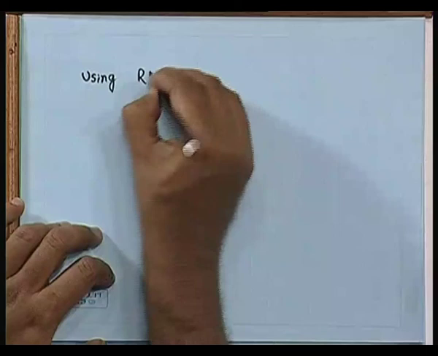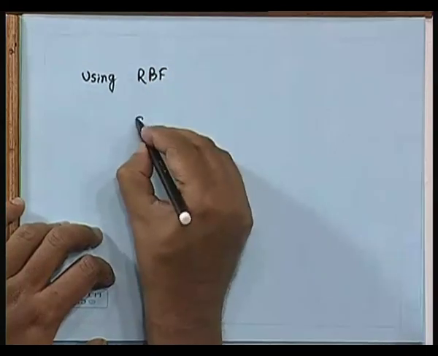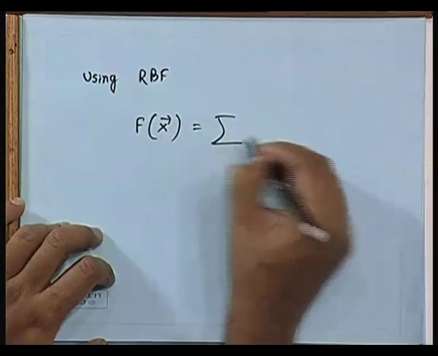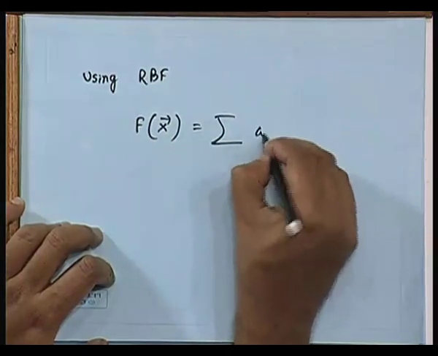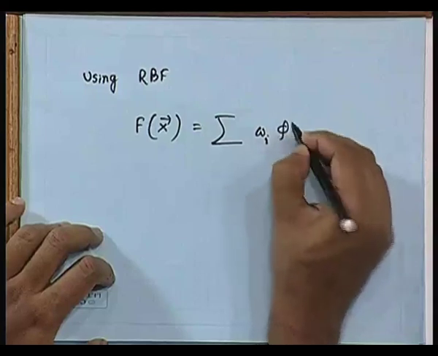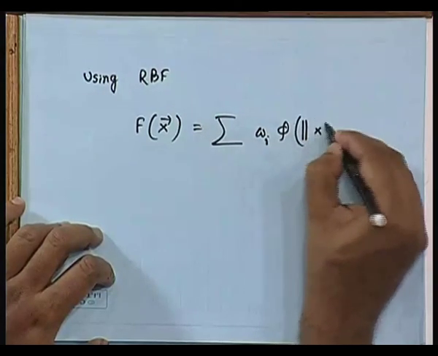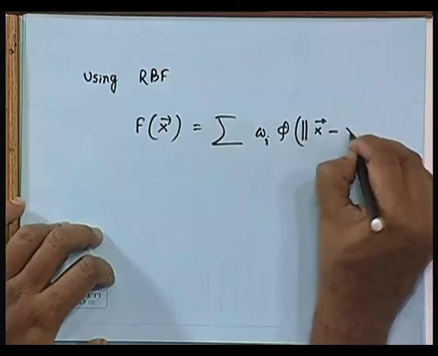So, using RBF, we can obtain the same function f(x) as f(x) equal to the summation of w_i times phi, whose argument is x minus x_i.